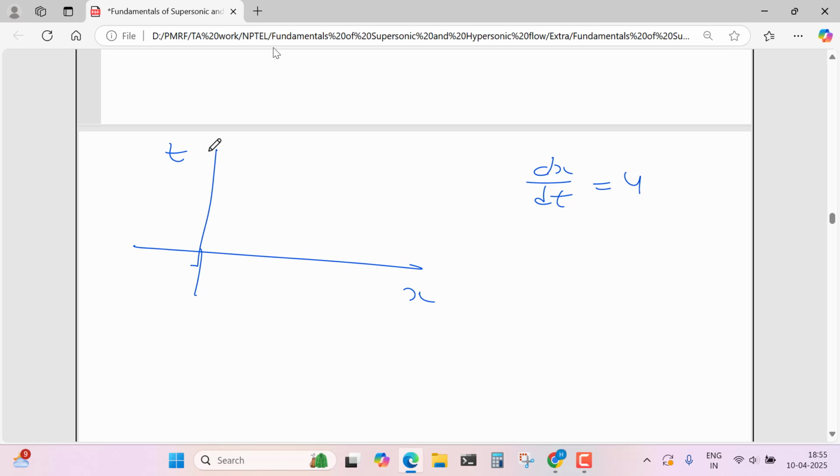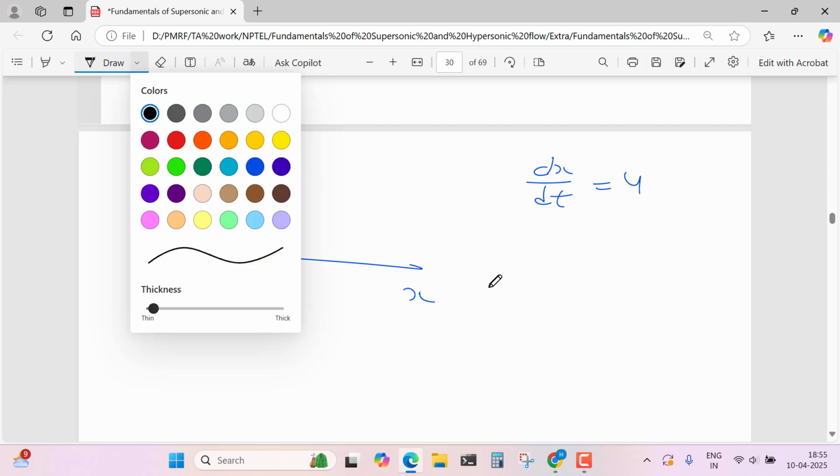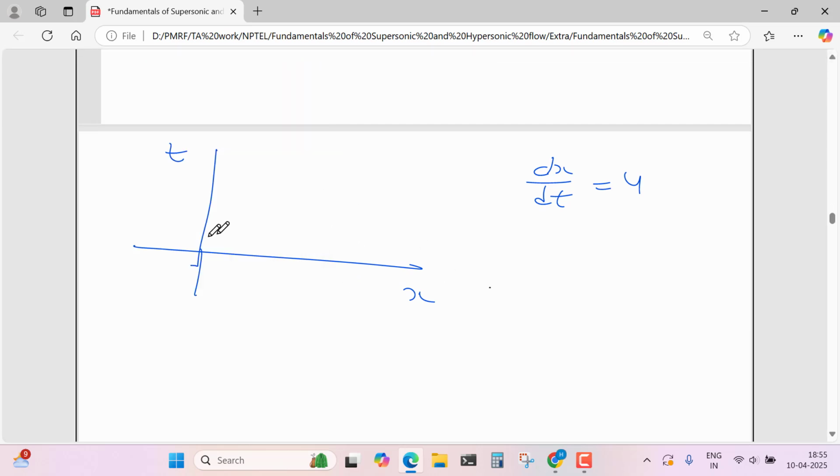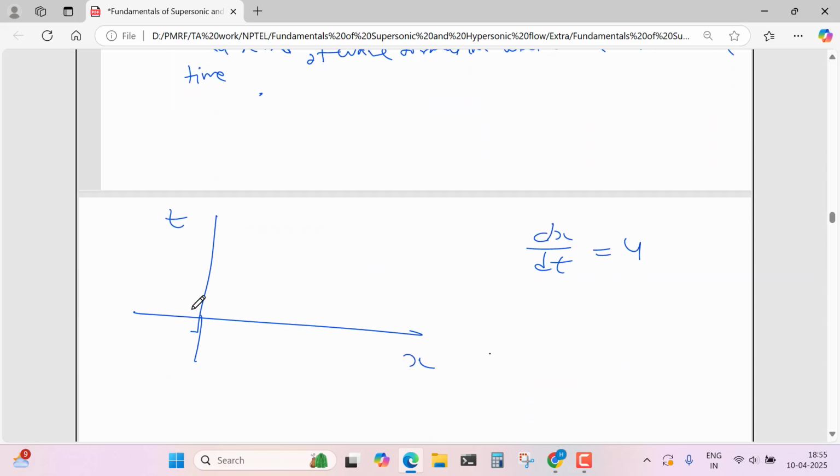If you see the first characteristic line, velocity is 0 at x equal to 0 initially. Then you see the velocity is steadily increasing. And at x equal to 1, after x equal to 1, these are constant.